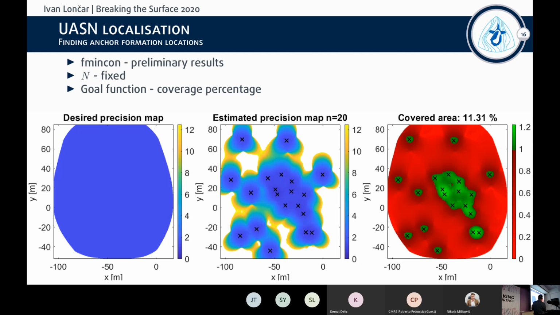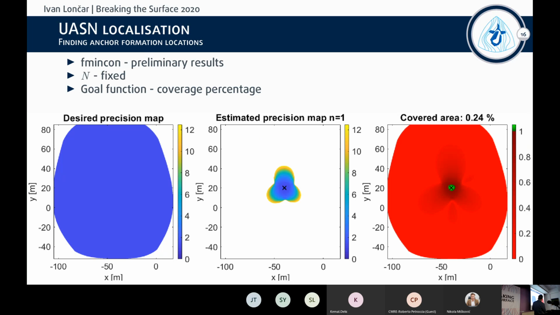But if you take 20 agents, we have a greater coverage of 11%, which is more than 20 times better than the previous one. We placed the middles of the formations using fmincon, a simple minimization algorithm.